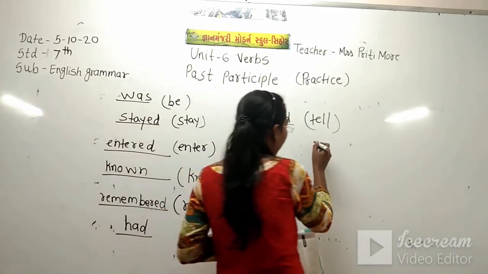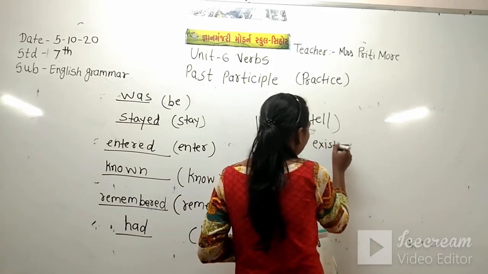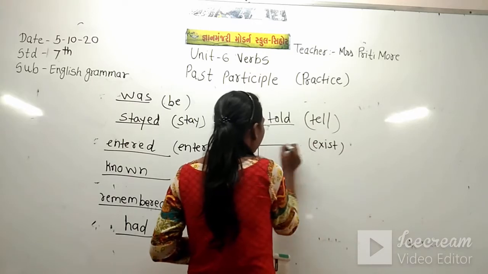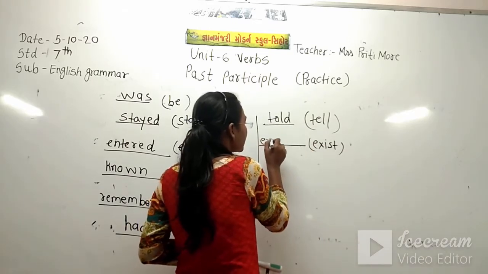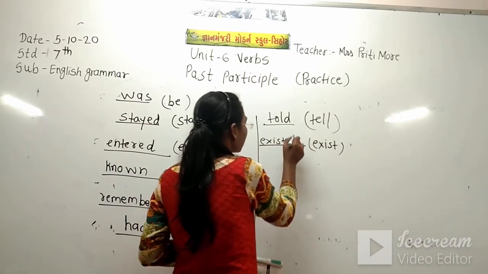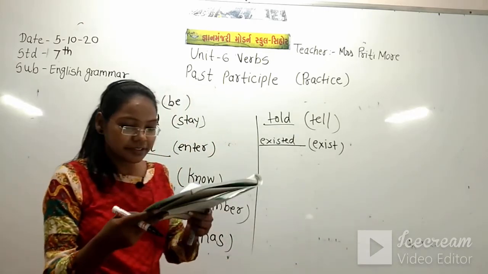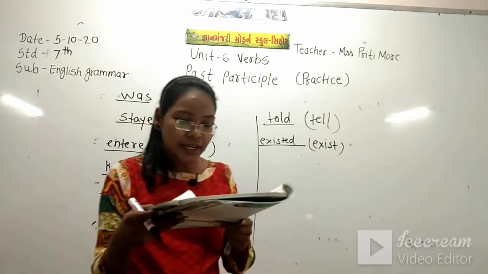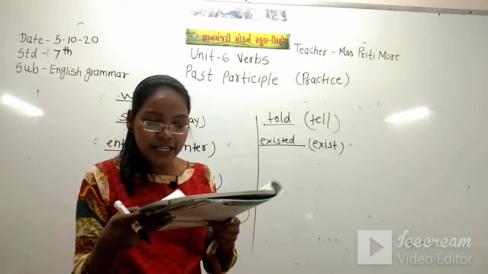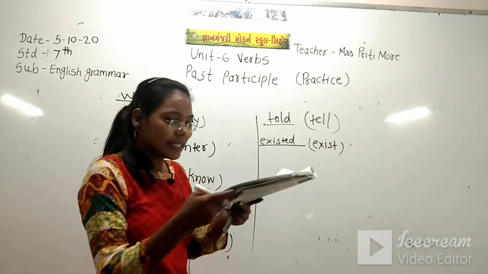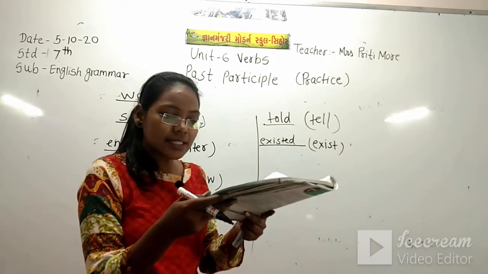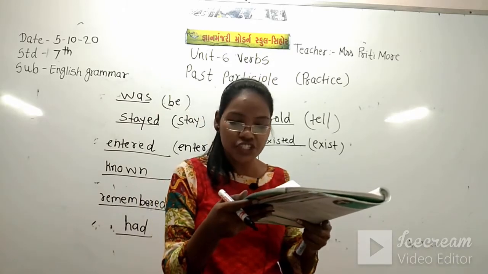Now in the bracket, exist. So what will be the second form of exist? Existed, ed. So he had told her that there existed a dead air space in this region.